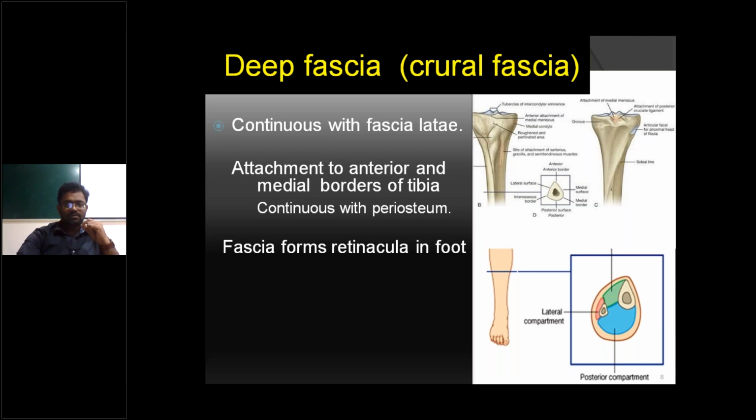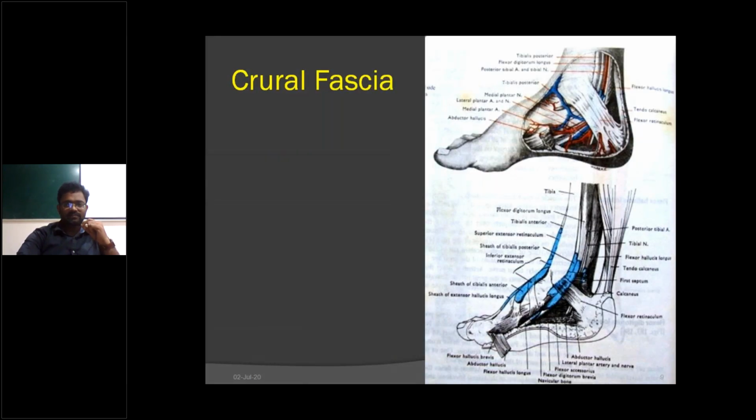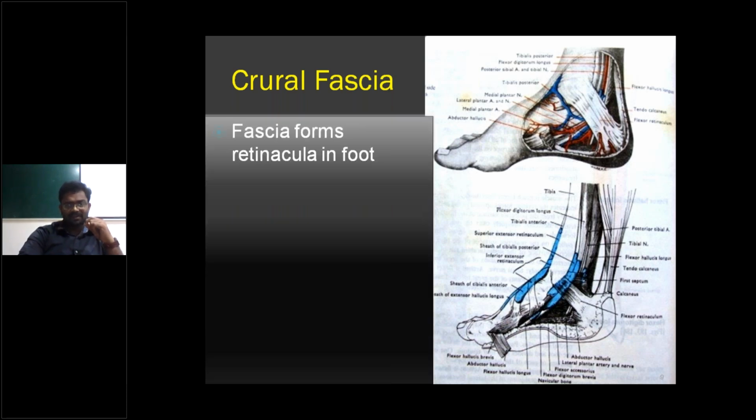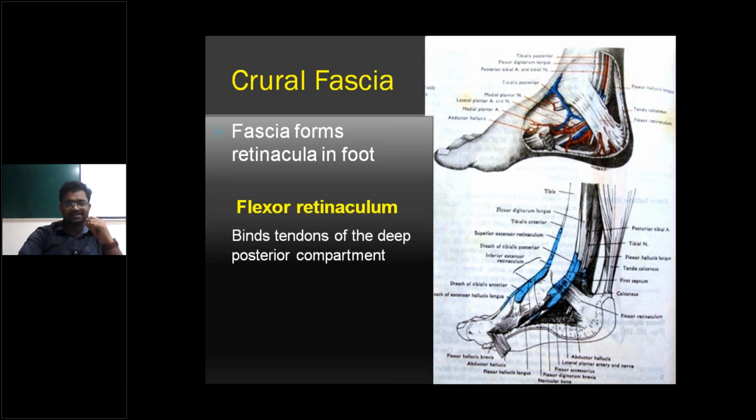Around the ankle joint, 5 retinacula are there: superior and inferior extensor retinaculum, superior and inferior peroneal retinaculum. On the medial side of the ankle is the flexor retinaculum. All these retinacula bind the tendons and retain them in position.